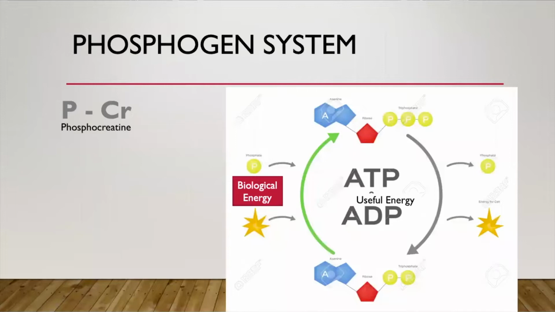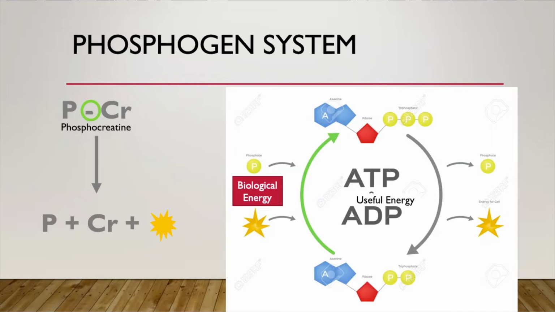And by phosphagen system, we're talking about phosphocreatine, which you see over on the left side of your slide. So we have the phosphate group and a bond, which I circled in green, attached to the creatine. All right. If we break that bond, then we provide the energy to resynthesize ATP.